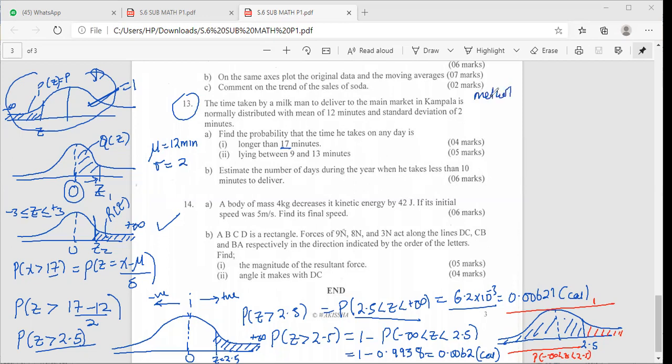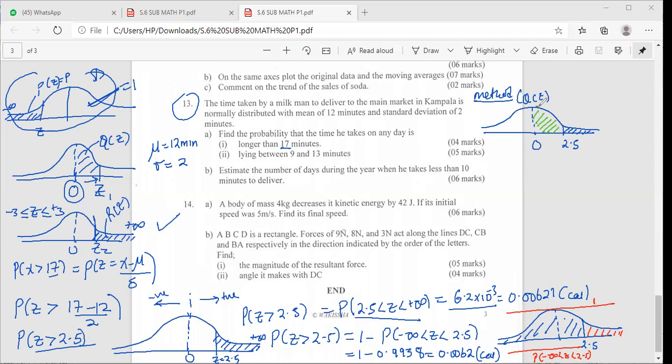Method 3. We are going to use Q. Because this is 2.5, and we want to read beyond it, we shall look for what is between 0 and 2.5.